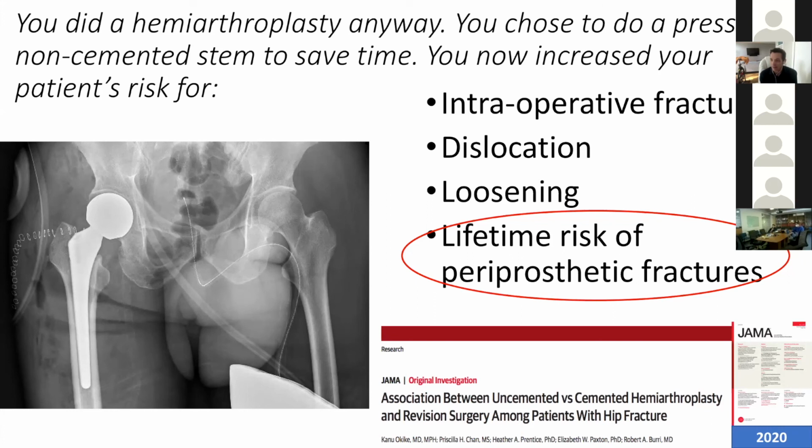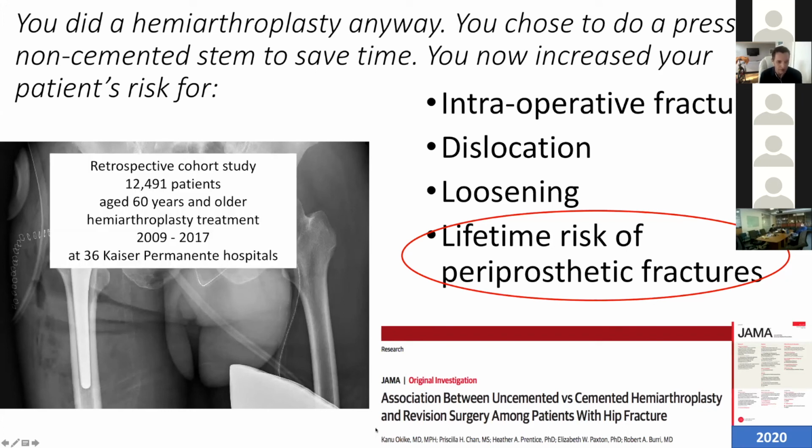It's from another new study just from this year, in JAMA again, published by a nice surgeon from Hawaii by the name of Kanu Okike. He looked at 13,000 Kaiser patients, age 60 or older, all of them who got hemiarthroplasty in the 36 Kaiser Permanente hospitals.